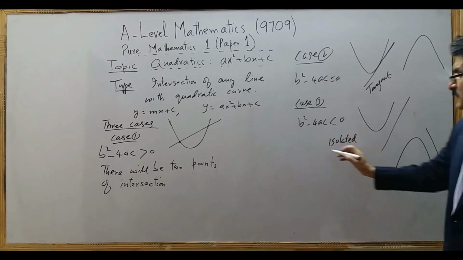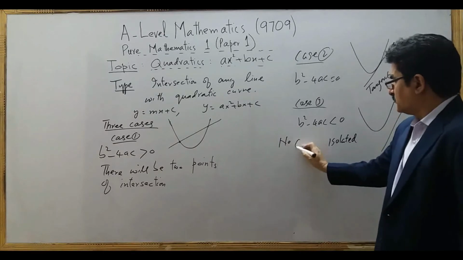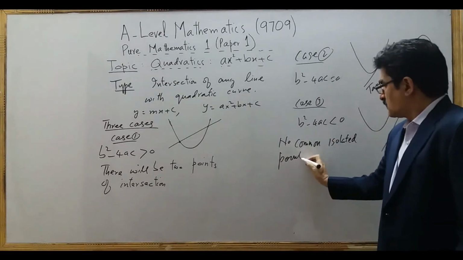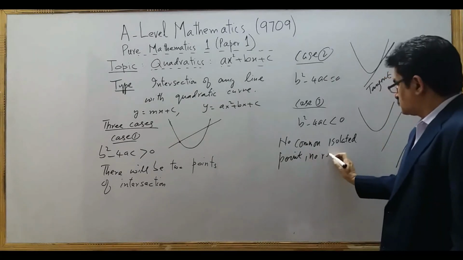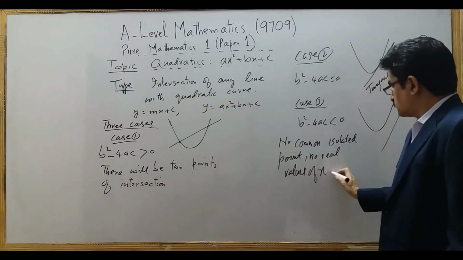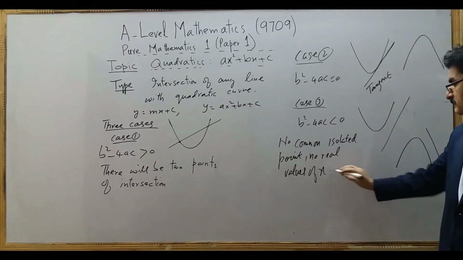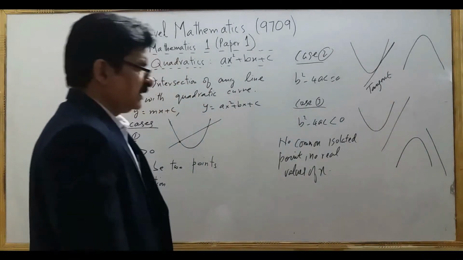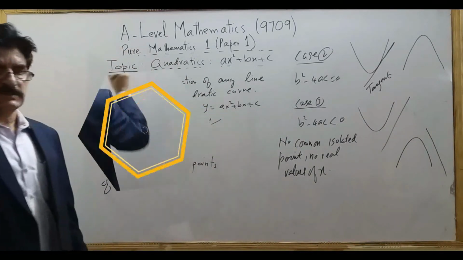Isolated means no point of intersection, no common point. So no real values of x you will get, and of course not y. So keep these 3 cases also in mind. Now we will apply them in the next question.